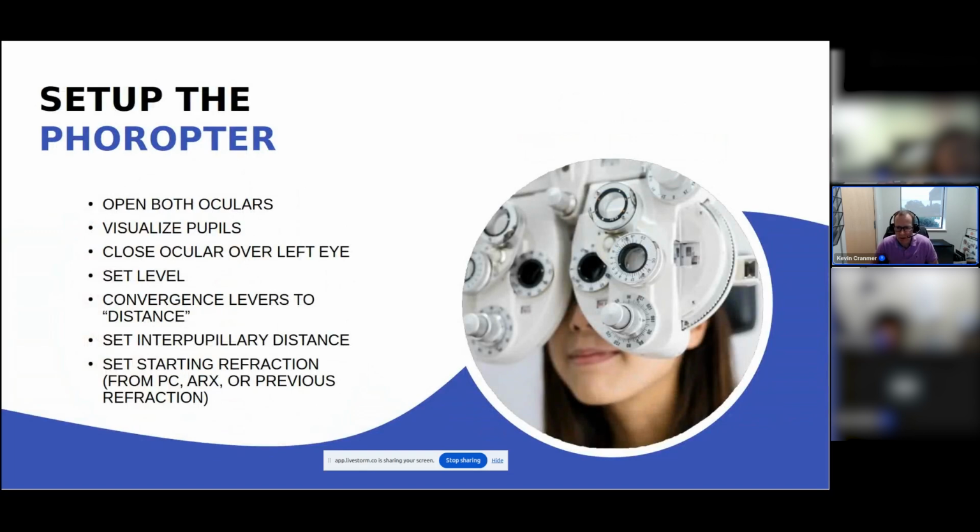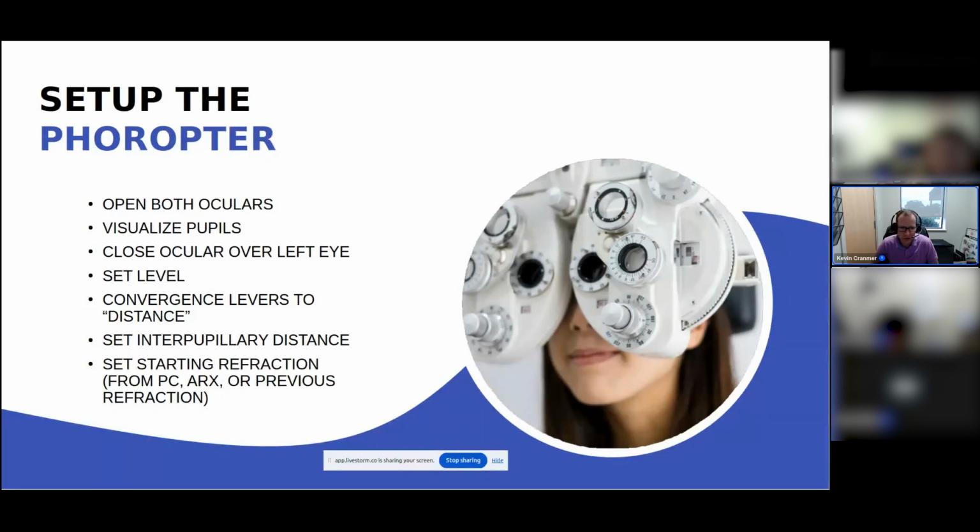When you set up the phoropter, you want to open both oculars. I'll show you how to do that in a second here. You want to visualize their pupils. You should be able to see their pupils through the oculars, and the oculars are the part that the patient looks through. Close the ocular over the left eye. You want to set the level.